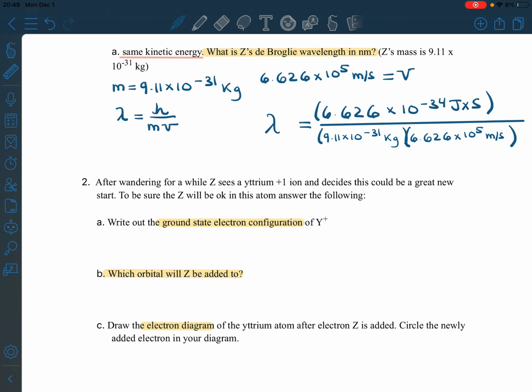When I plug that into the calculator, and this is still in meters, so we have to remember, that gave me a value of around 1.10 times 10 to the negative 9 meters.